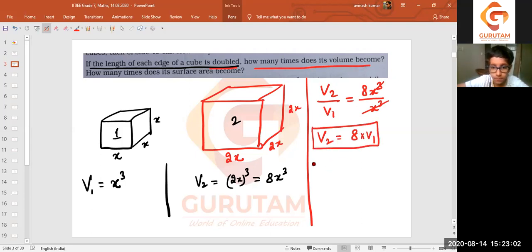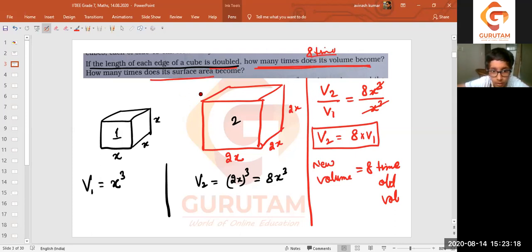So the new volume becomes 8 times the old volume. So what is the answer? Volume is 8 times. What about the surface area?